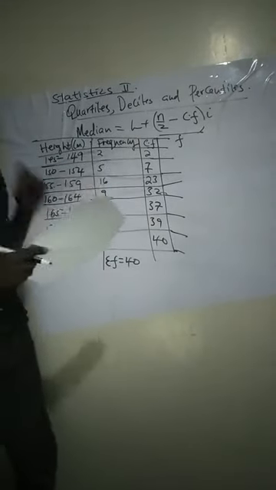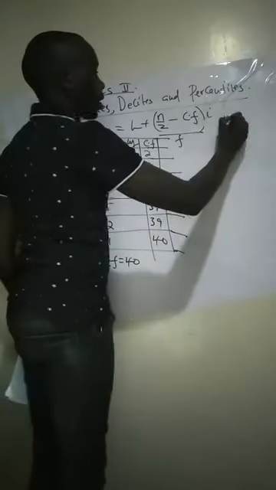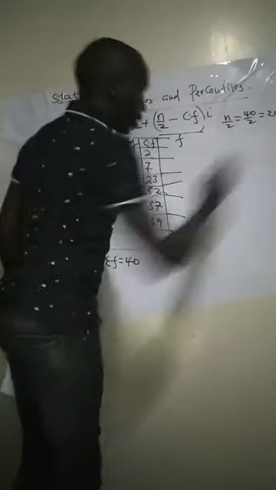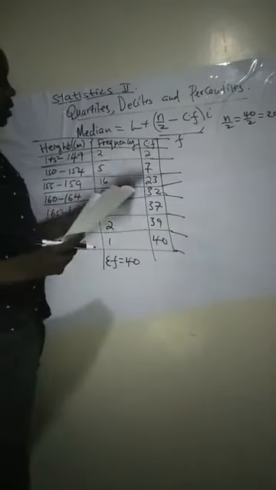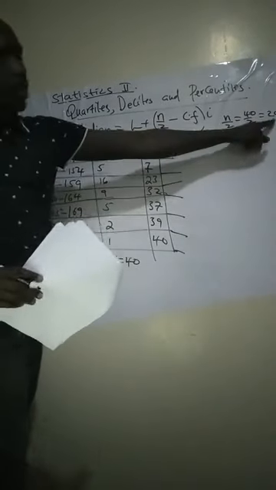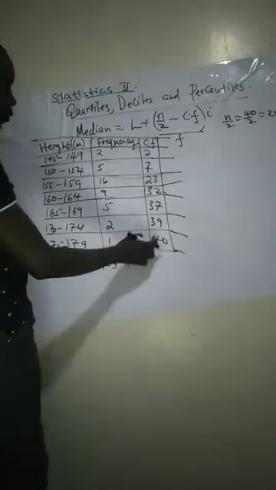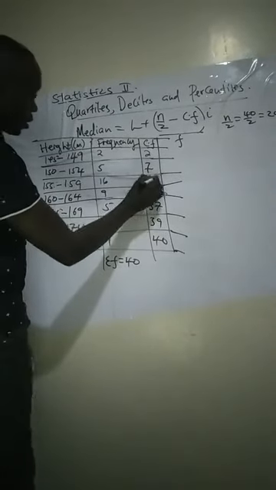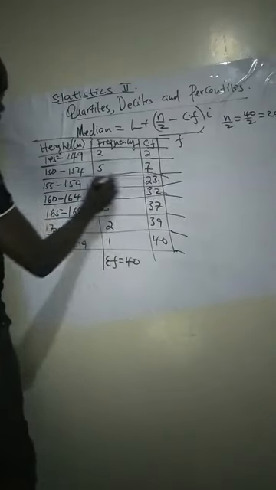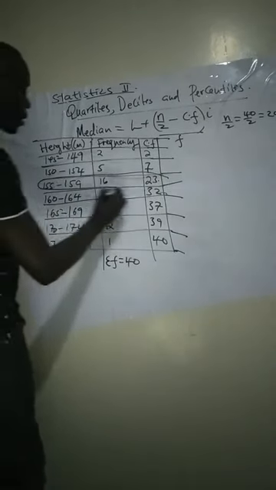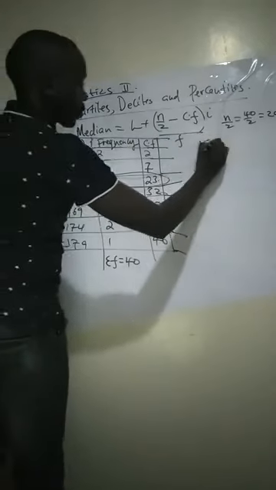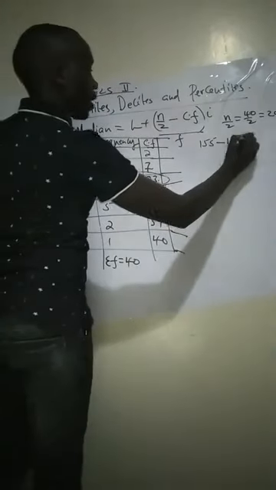How do we get the median class? Take N over 2. So 40 over 2 gives us 20. We want to locate in the cumulative frequency column where 20 is. We have 7, 23. That means 20 is accommodated here, and that means we already have our median class. So our median class is 155 to 159.